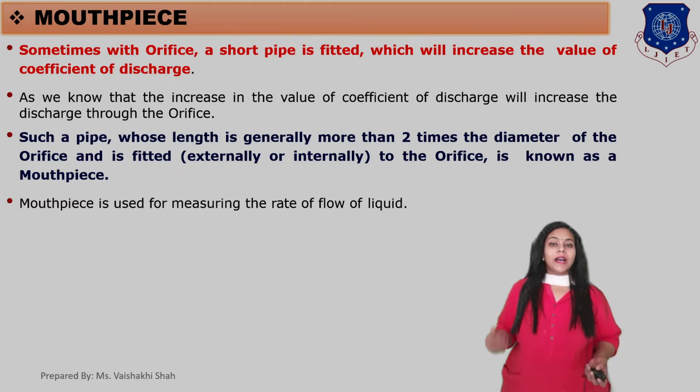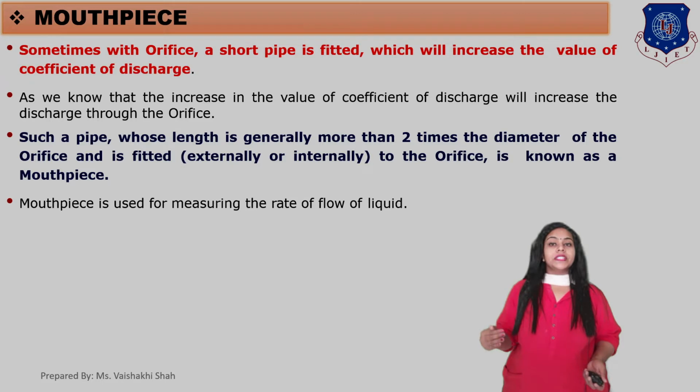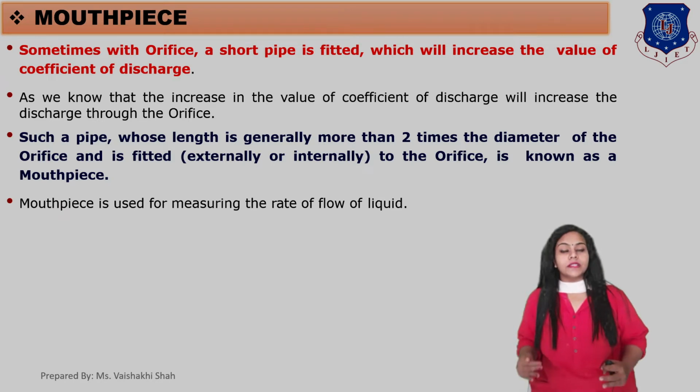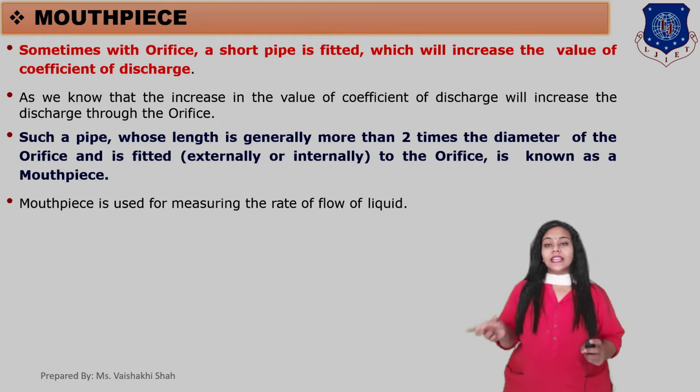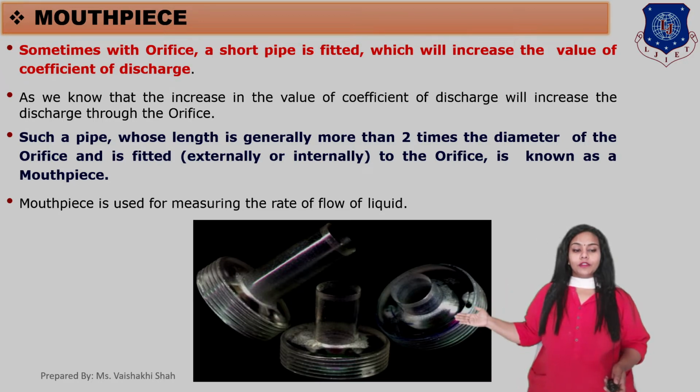So such a pipe whose length is generally more than 2 times the diameter of the orifice, and which is fitted externally or internally to the orifice, is known as a mouthpiece. The length of a mouthpiece is generally 2 times the diameter of the orifice.